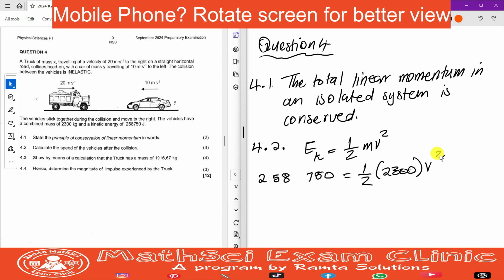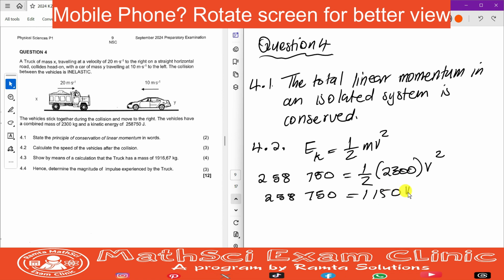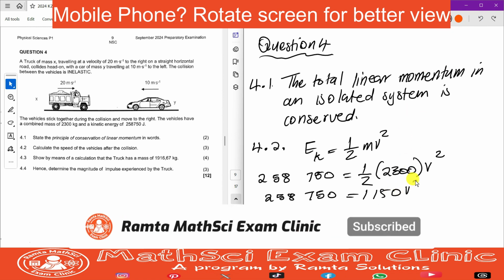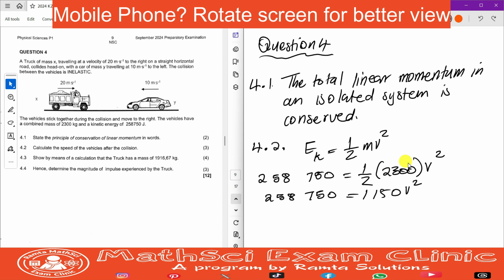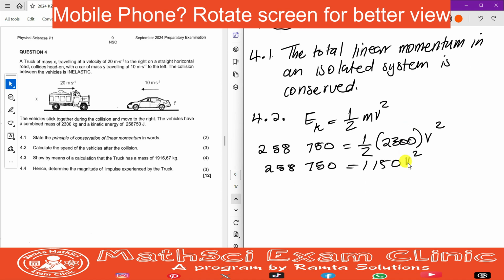Now, this basically says we have 258,750 equals 0.5 times 2,300, which is 1,150, correct, times V squared. So 258,750 divided by 1,150, what does it give us?